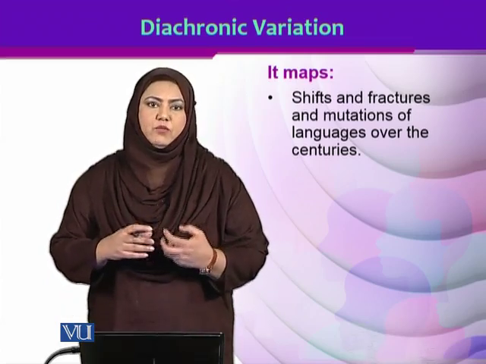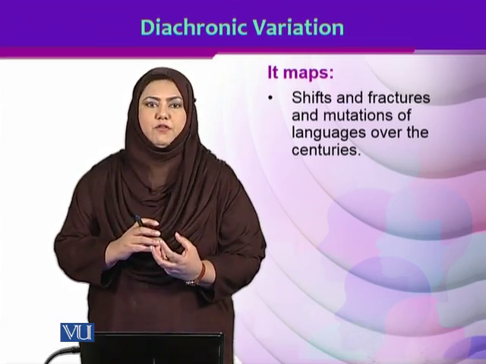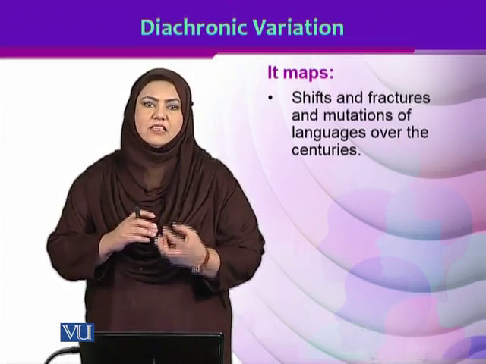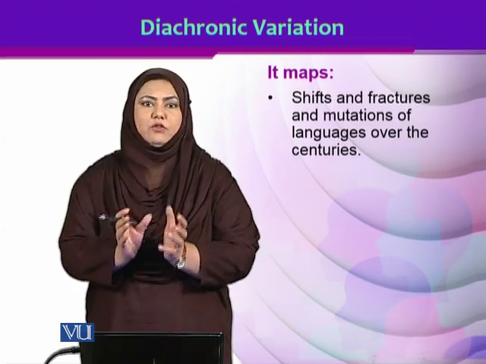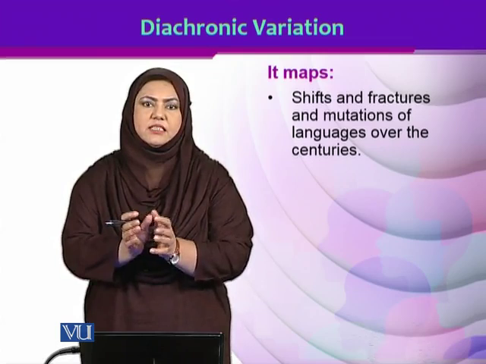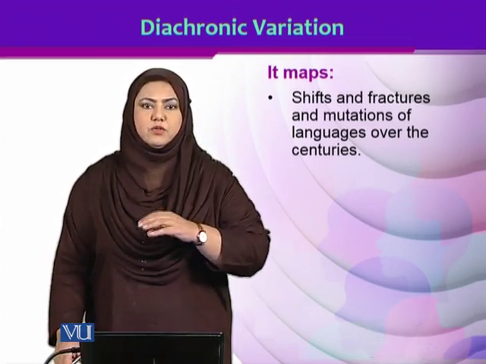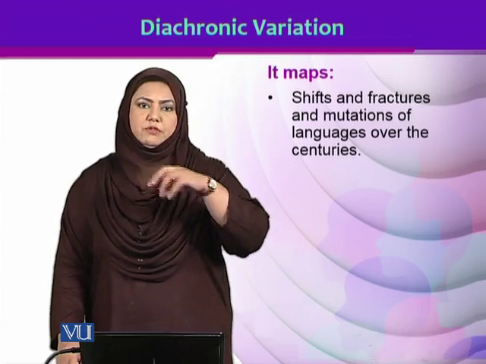To explain that, take the example of language A, for example. Many centuries back, language A would have a particular form and a particular shape, and it would have certain characteristics and certain features. Now, these characteristics and features would change as it would pass through different times.